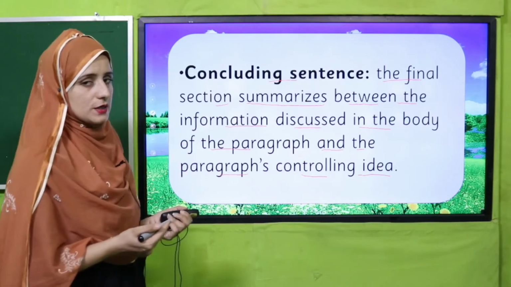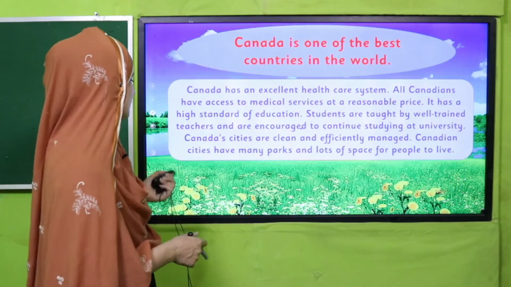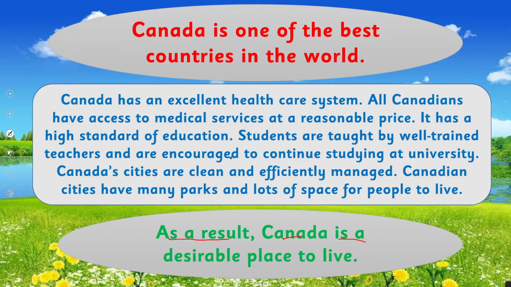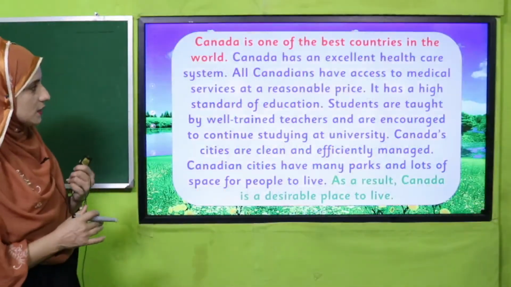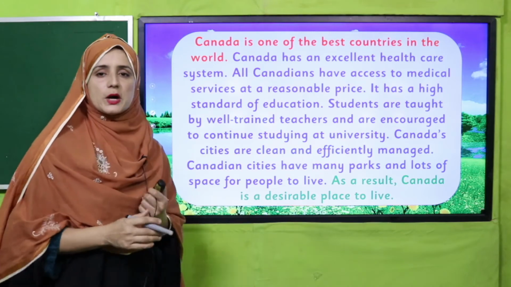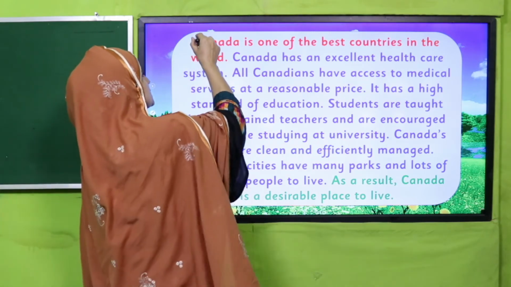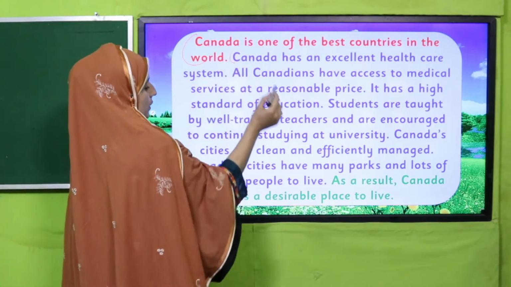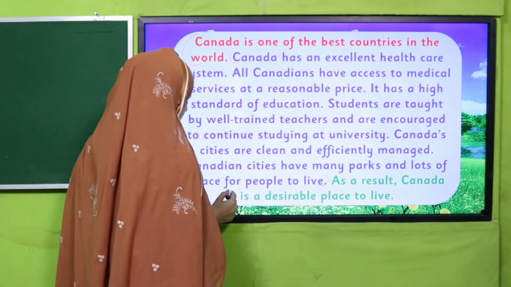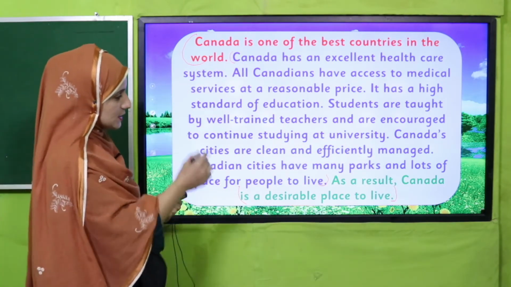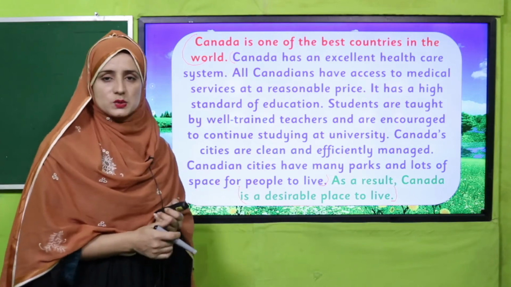Let's see what our concluding sentence is telling us. As a result, Canada is a desirable place to live. Now I have arranged all three parts in the shape of a paragraph. That was our topic sentence, that is our supporting details, and the last one is giving us the concluding sentence. And in this way, this is a well organized paragraph.